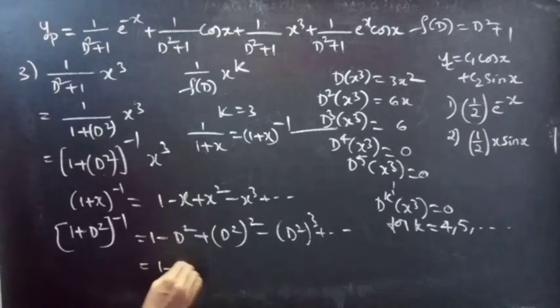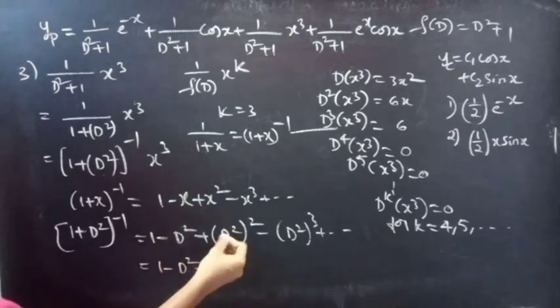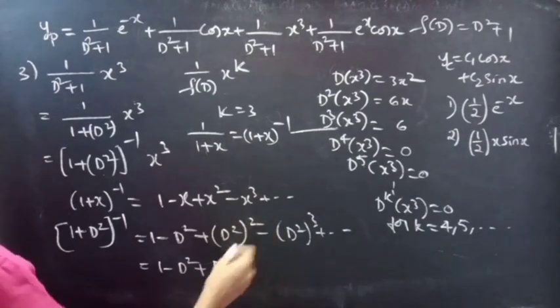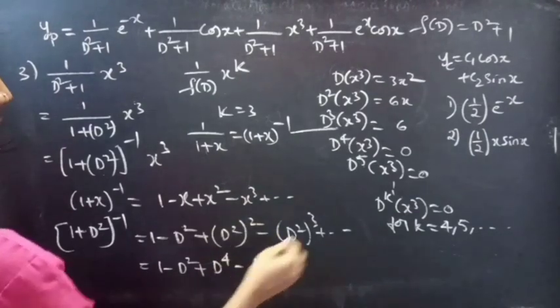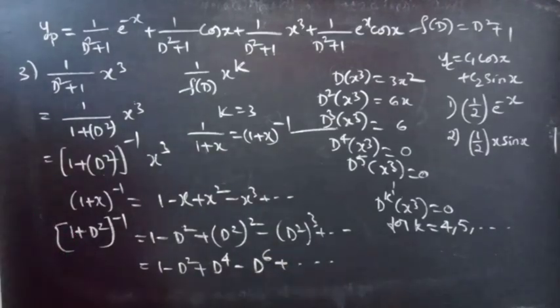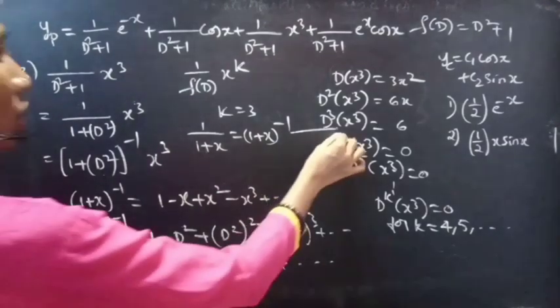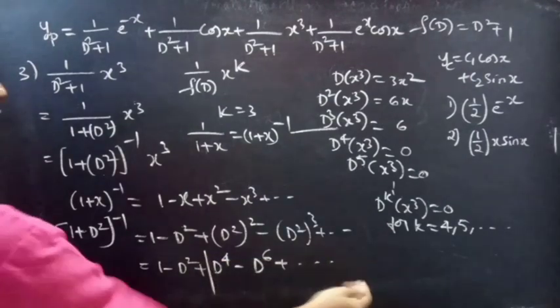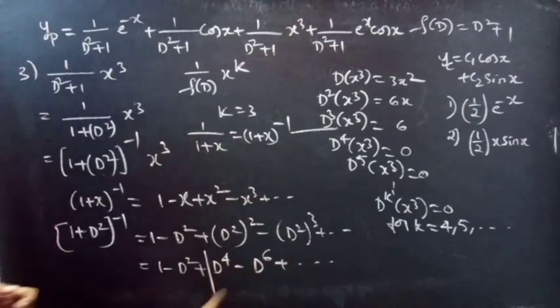This equals 1 minus D square plus D power 4 minus D power 6 plus so on. We know that higher derivatives from D power 4, D power 5, all are zeros, right? So we can neglect all the terms from here.